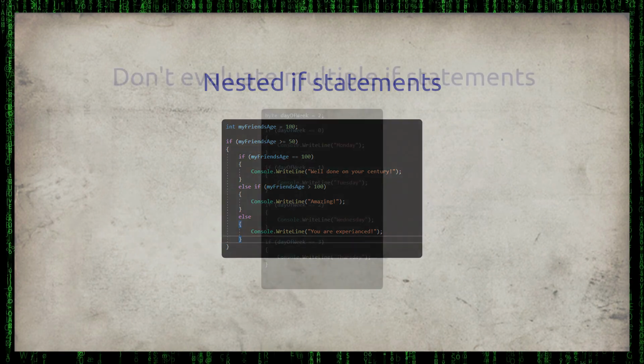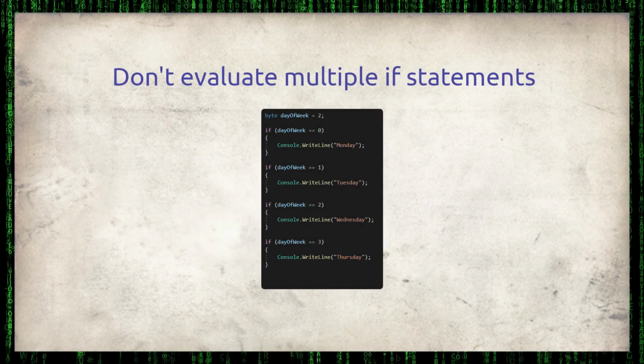Another thing that's important to remember about if statements is the way that the evaluation takes place. In this example, we've set a byte data type for a variable to the value of 2, and, as you now know, it'll go through the if statement and try to find the first match where day of week is equal to 2.